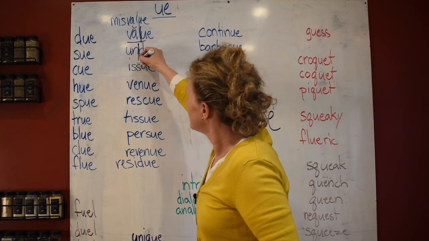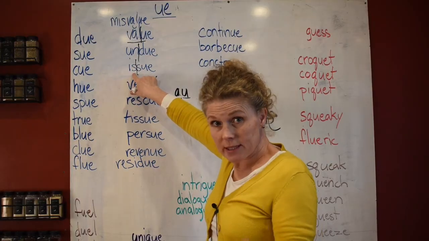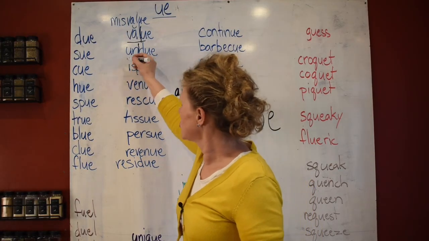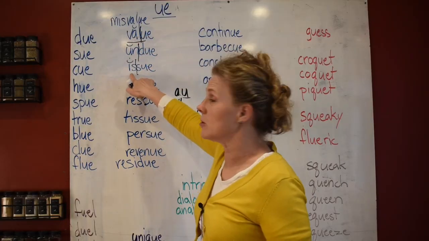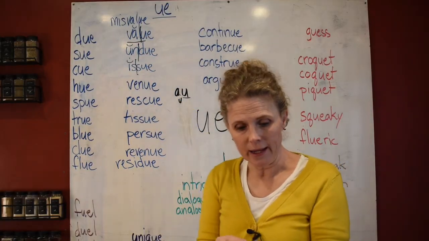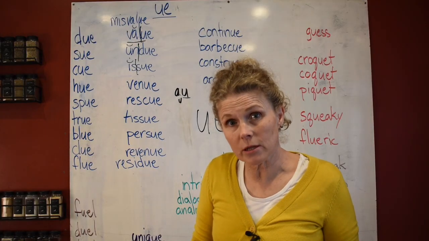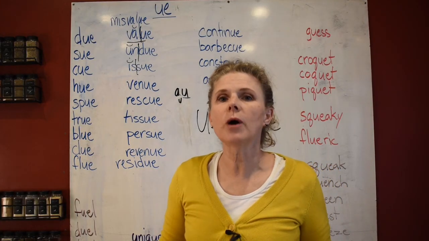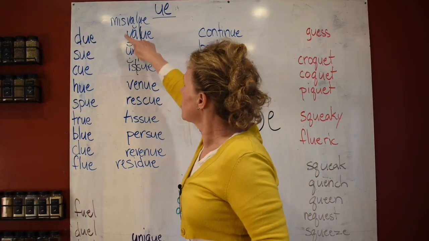Undo. Issue. See, this is a closed syllable, so it's going to say its short sound. That's why in those other lessons, you need to understand what a closed syllable does, because it'll teach you how to read larger words.